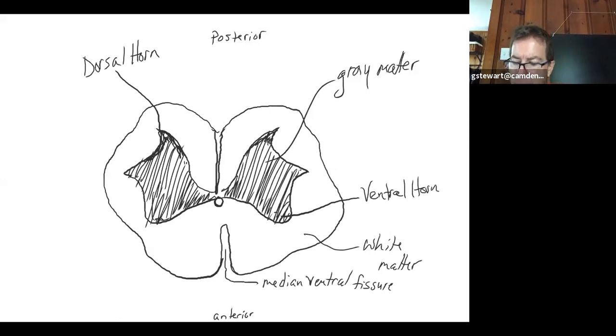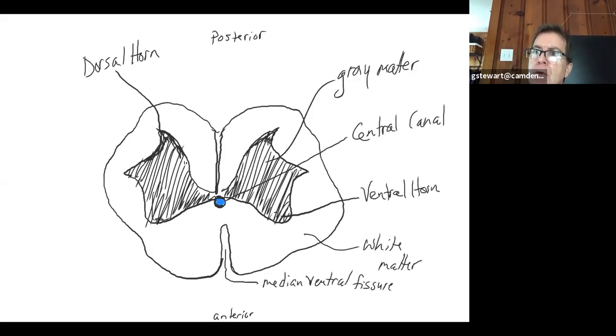So there's a ventral horn. Right here I drew this circle, and I'm going to color it in with blue. That is called the central canal, and cerebrospinal fluid circulates down through there. So in parentheses, I'll write CSF.